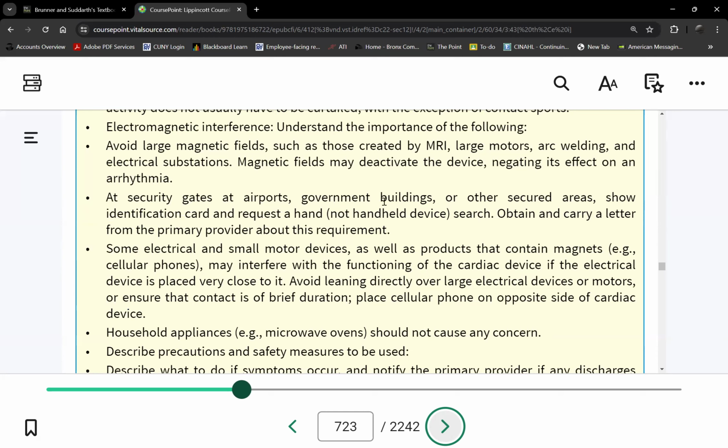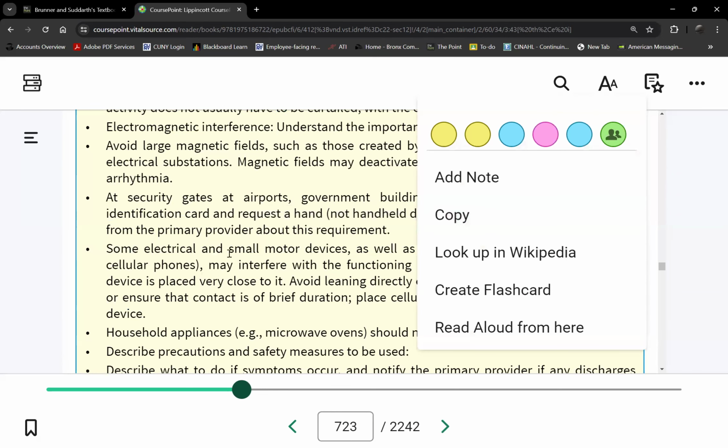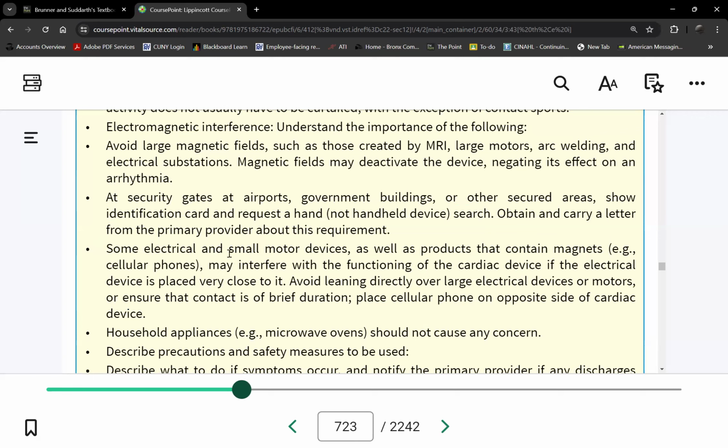Tell them that you have a pacemaker and you would like to request a manual pat-down, not the equipment.